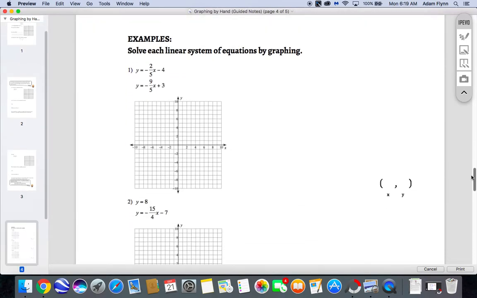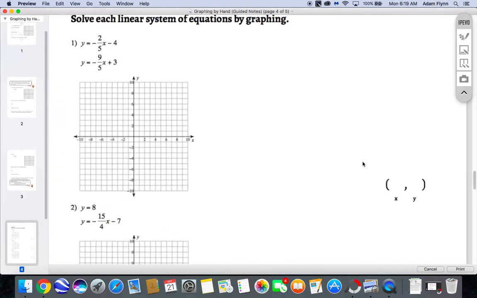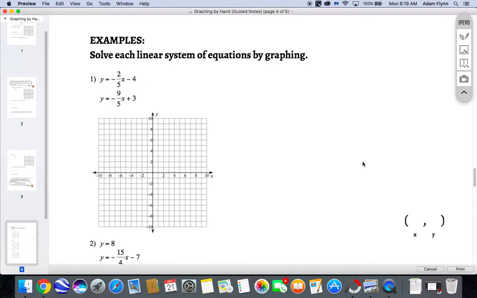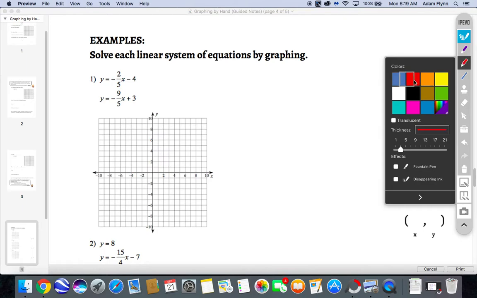Okay, looks like it is example time. So I'm going to zoom in just a little bit. In our instructions, solve each linear system of equations by graphing. So let's identify these two lines. Top one is going to be my red line.